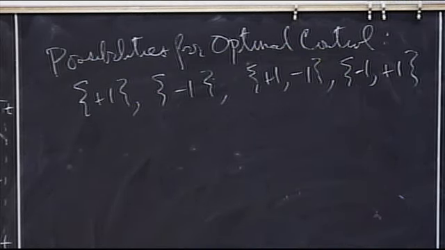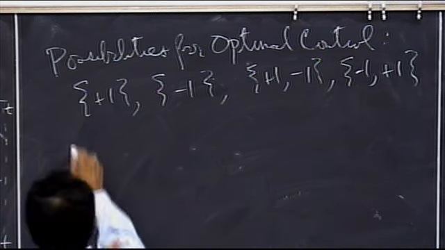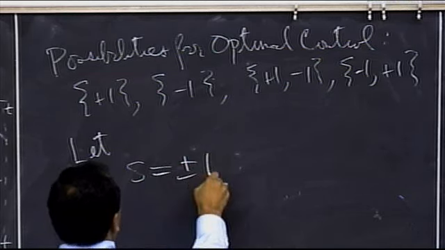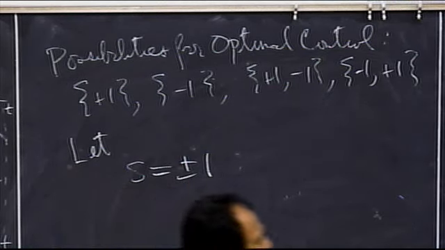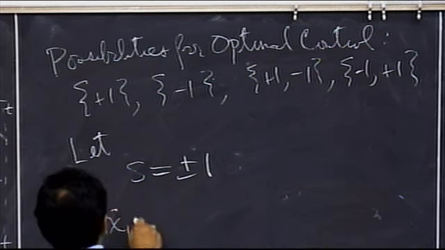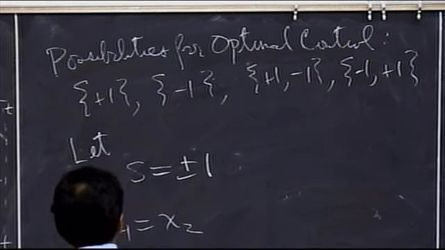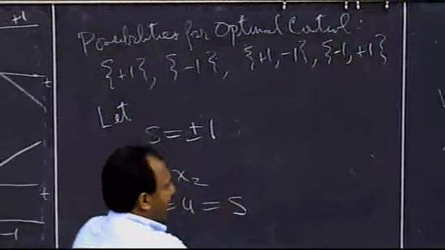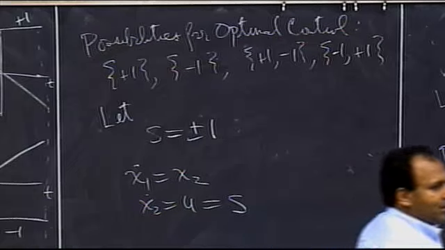So now, just for simplicity, let S equal plus or minus 1. It'll make the rest of this analysis a little easier if we do this. We know that x1 dot equals x2 and x2 dot equals u, but that's equal to S because I just set it equal to that.